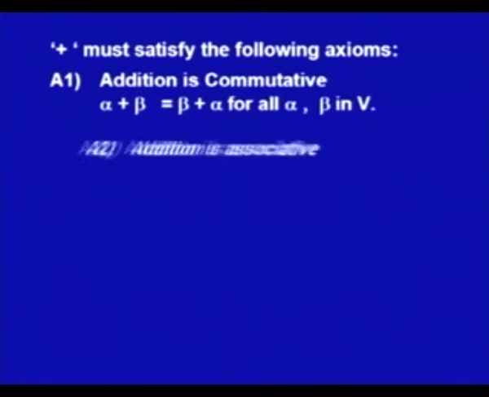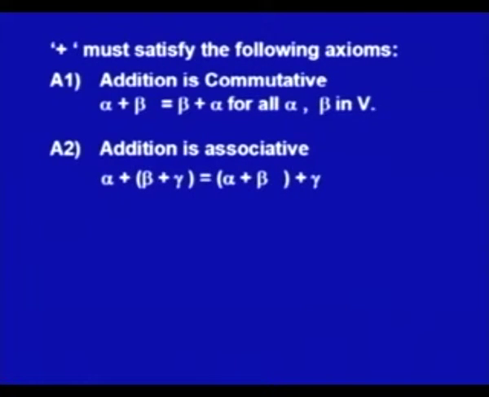The second axiom is that addition is associative. By this we mean that if there are three vectors alpha, beta and gamma, then alpha plus beta plus gamma is equal to alpha plus beta added first, and then we add gamma to it.